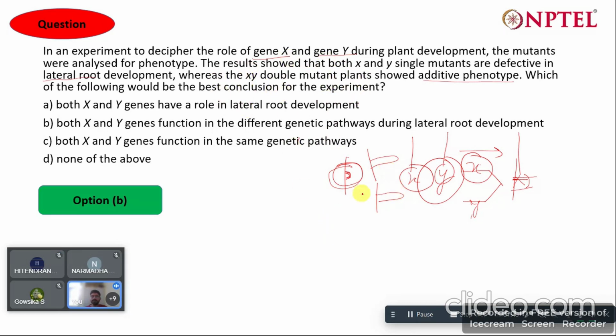But in some cases where we are mutating the repressors, in that case it will be positive outcomes. Yes, thank you, sir. Okay. Any more doubts? If not, then we'll move to the next question.